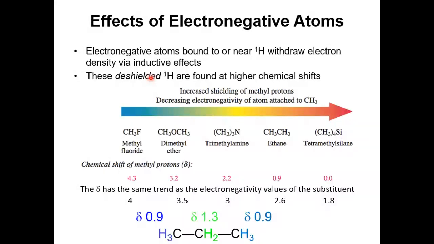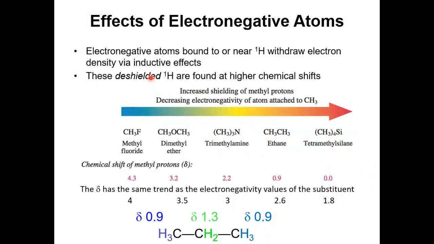For those protons of comparable structure, if electron density is higher, chemical shift value will be lower.